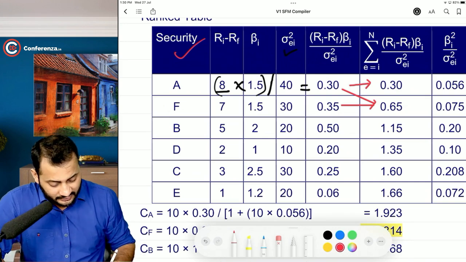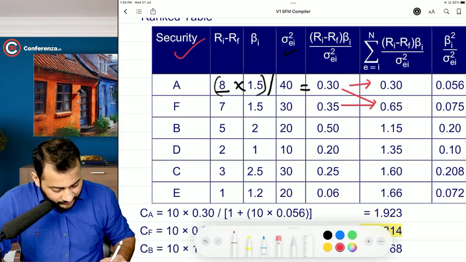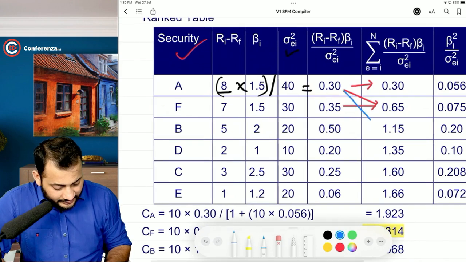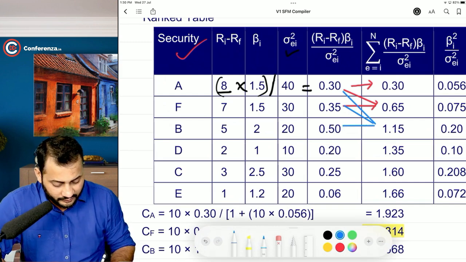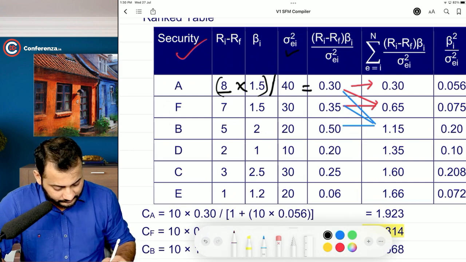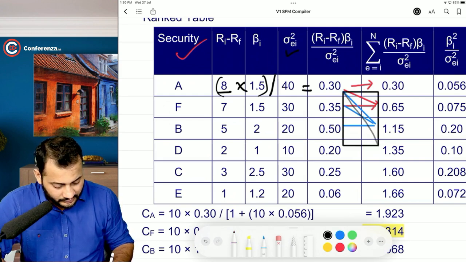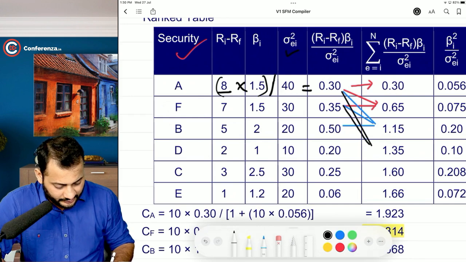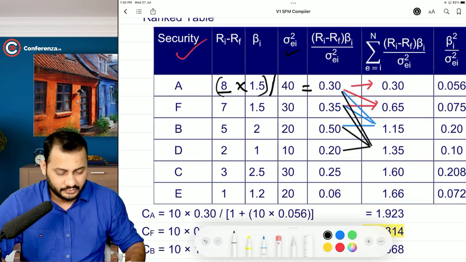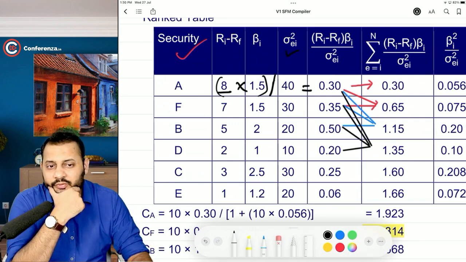Okay, what is the third step? The third cumulative will be like this: 0.3, 0.35 and 0.50, the total of all this. Okay, and the fourth cumulative will be like this: 0.3, 0.35, 0.5 and 0.20. Did you get to know how to calculate this?